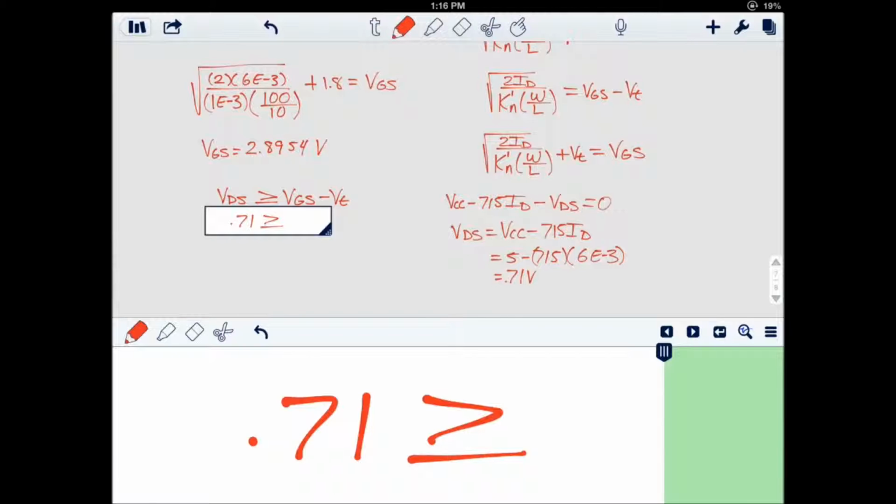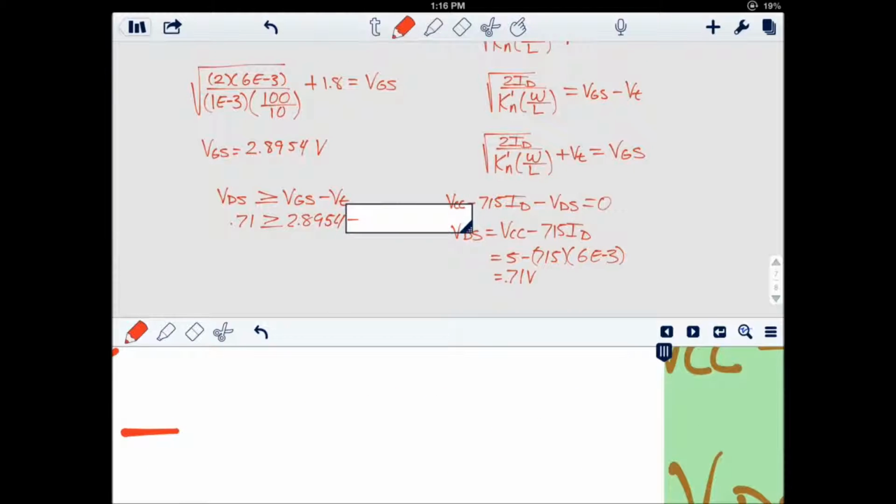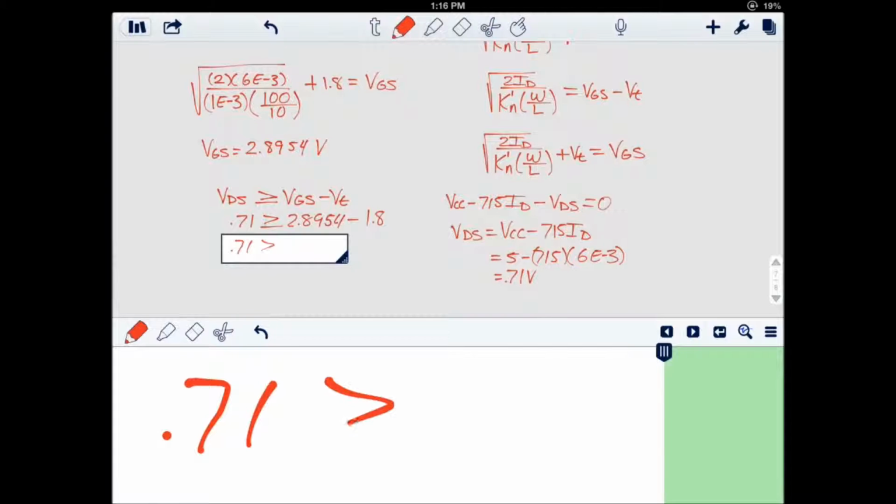Is that greater than VGS minus the threshold voltage? Is that greater than this? 2.9854 minus 1.